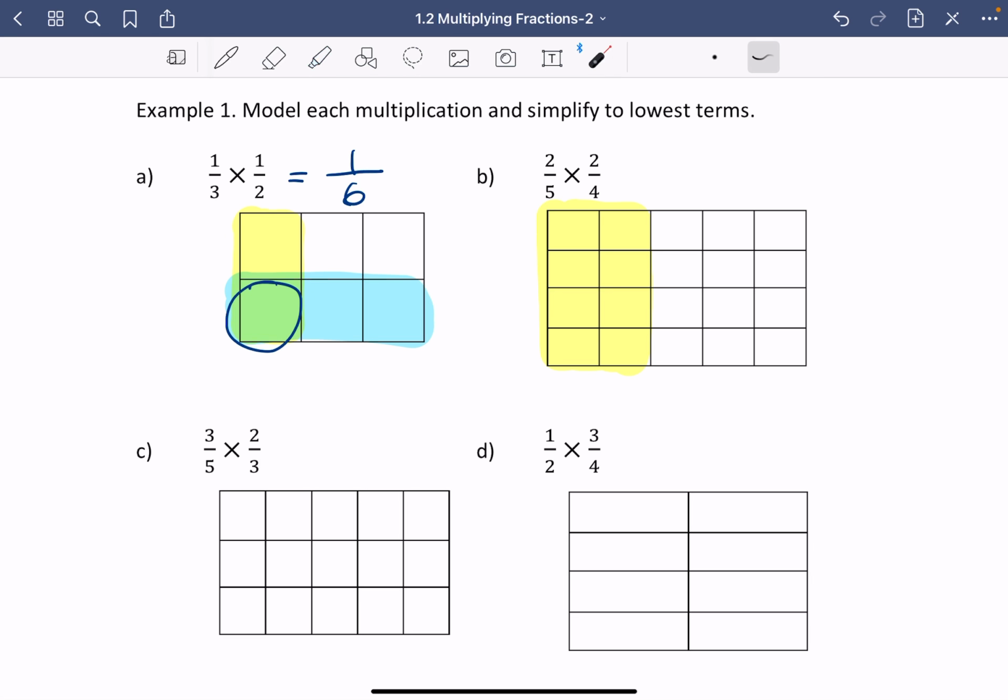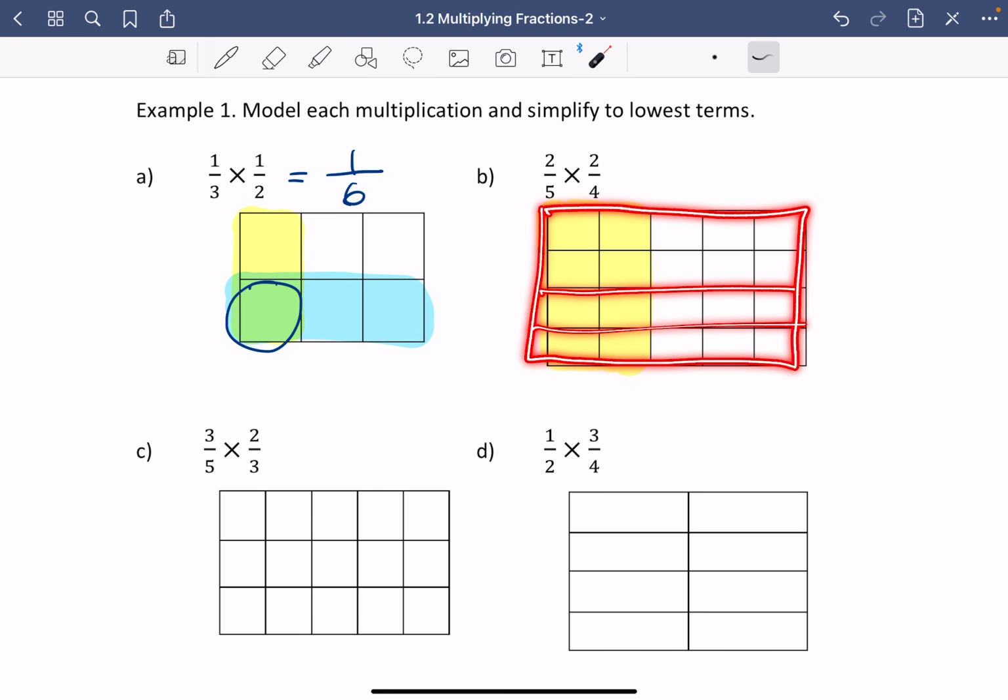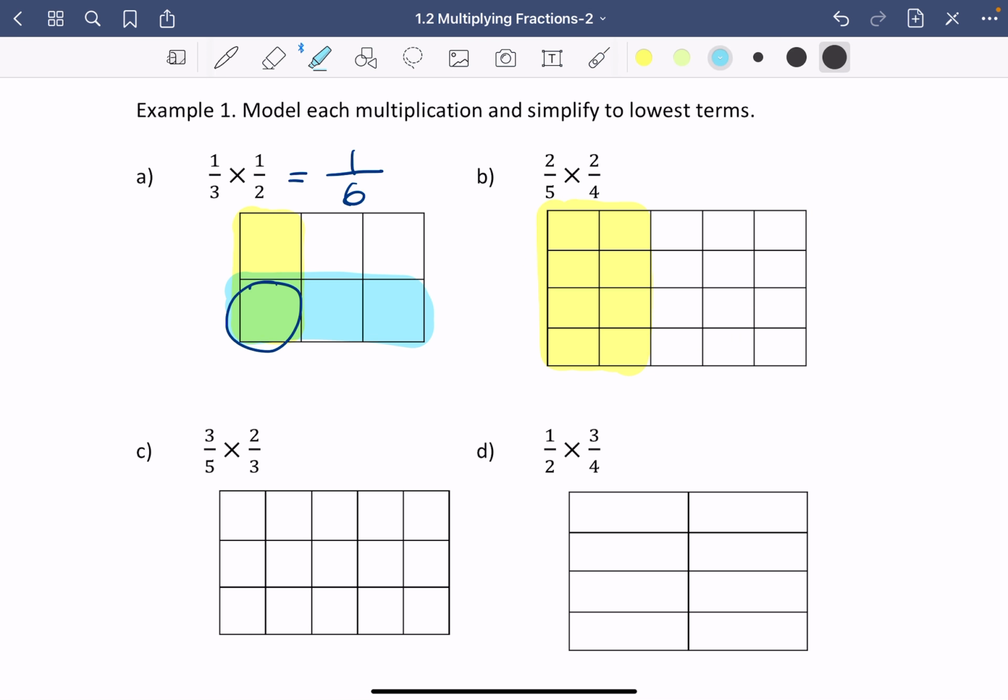So it's this whole thing, and then cut it into 4, and we're taking 2 of them. So we'll be shading the bottom. 1, 2, that's 2/4 of our rectangle. Okay, and now our overlapping area is this part.